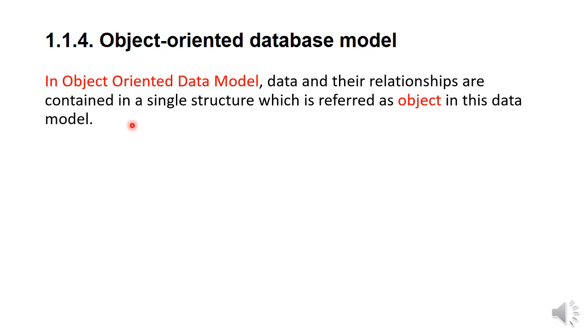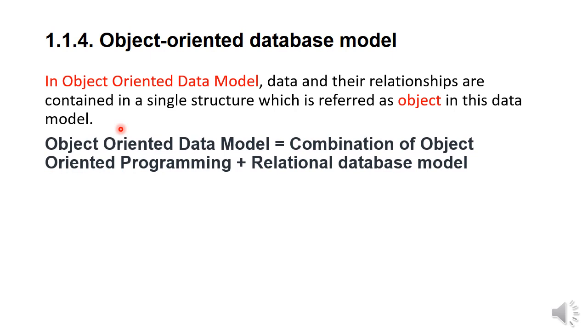A programming language respects the object-oriented concept if there is a way of creating objects, and the combination of those objects are also called classes. In the object-oriented data model, data and their relationships are contained in a single structure which is referred to as the object.